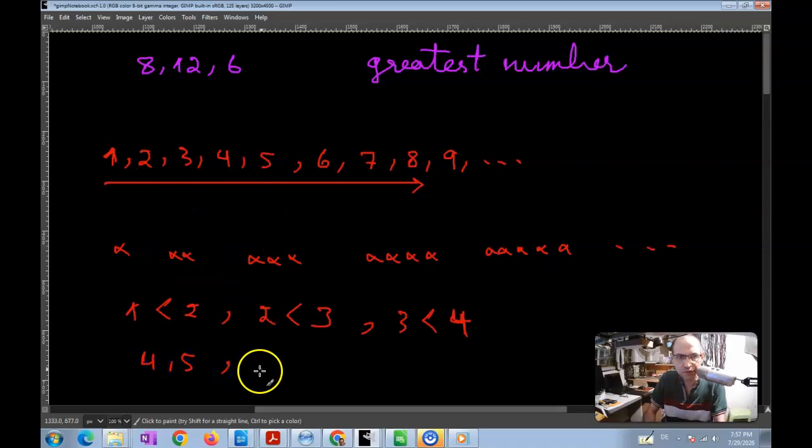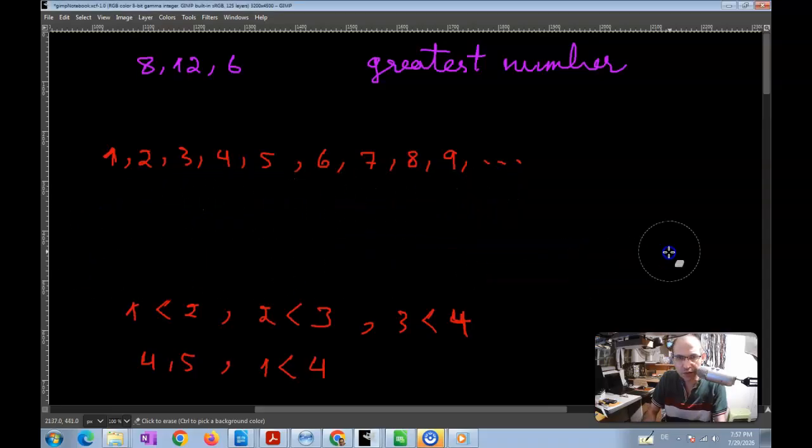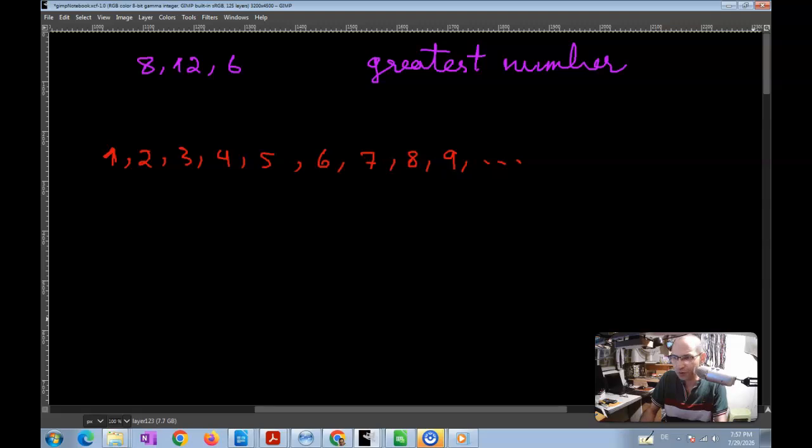Or you can even say that 1 is less than 4, because 1 is to the left of 4, right? And so on. So this is the way that I have written our numbers over here. What this means is that I've written the numbers in an ascending order.